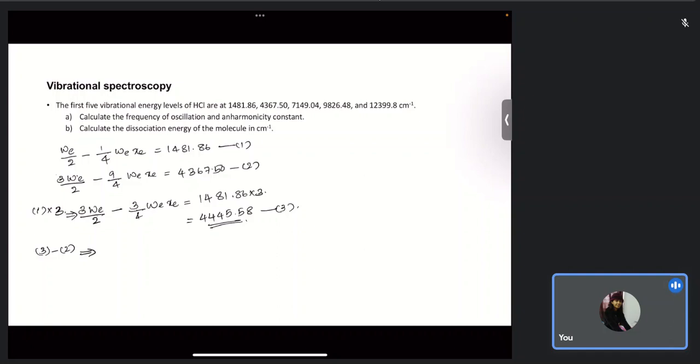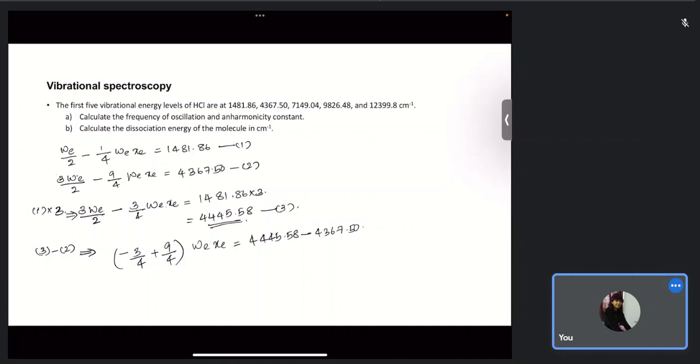Minus 3 by 4 omega E xc minus of minus 9 by 4 omega E xc. So that will become minus 3 by 4 plus 9 by 4 omega E xc, 4445.58 minus 4367.50.